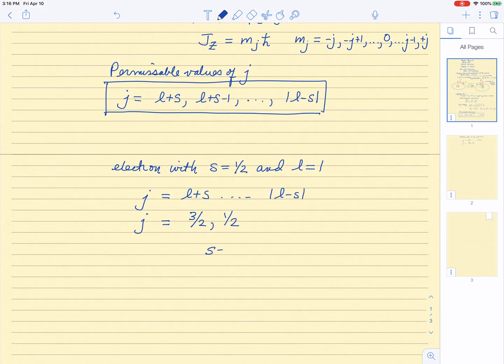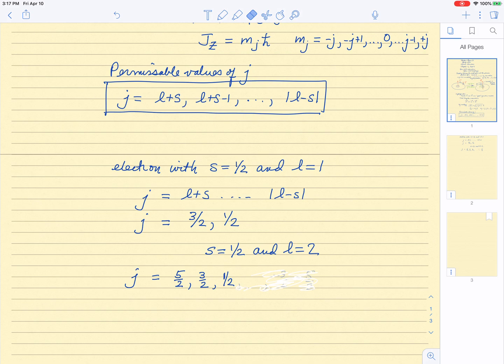For example, if S is equal to 1/2 and L is equal to 2, then the permissible values of J are going to be 5/2, 3/2, and 1/2. Sorry, I made a mistake; let me get rid of all these.